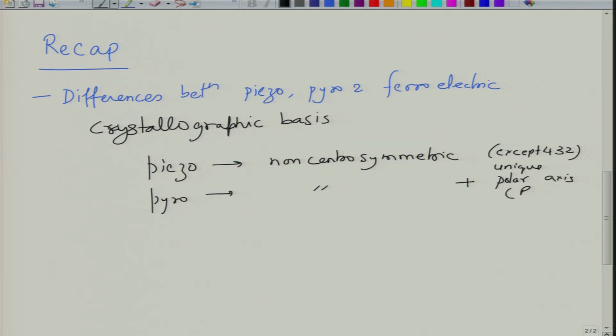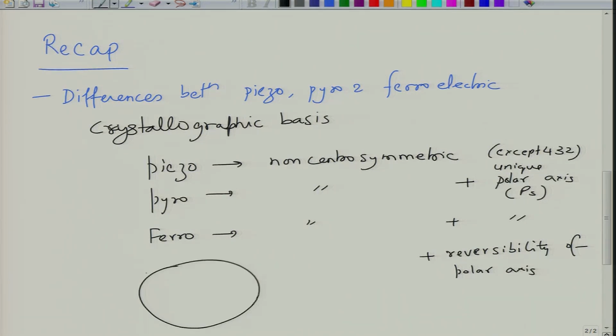As a result, they have a spontaneous polarization. And then ferroelectrics are non-centrosymmetric plus unique polar axis plus reversibility of polar axis.